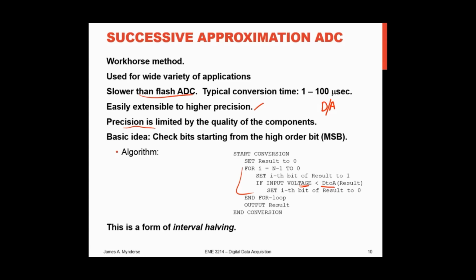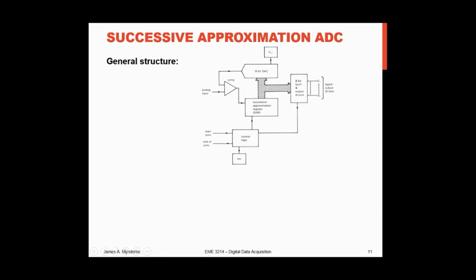Essentially, if this is my voltage range, I'm checking for the voltage above or below this by setting just the most significant bit. And if it's lower, I'll set this bit and compare. And if, say, it's higher this time, I set that bit and that bit and that bit, and I can hone in on it by checking in halves, the binary search.